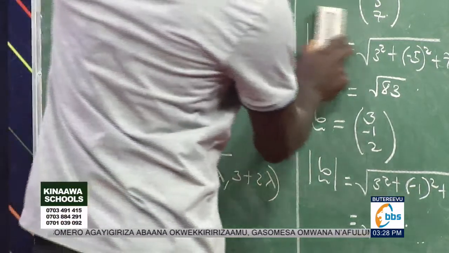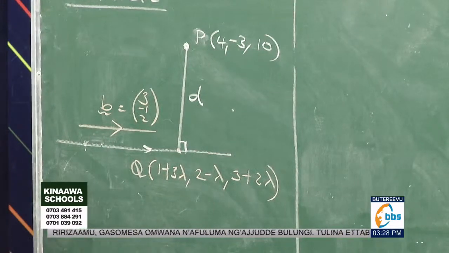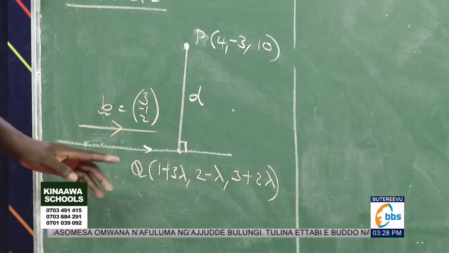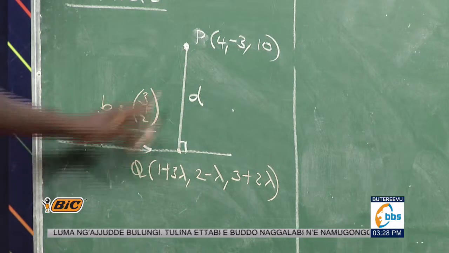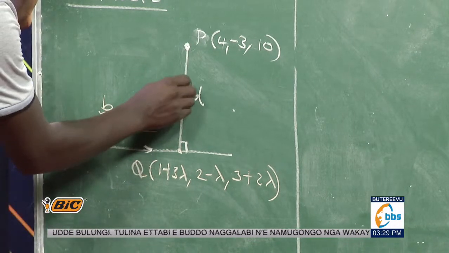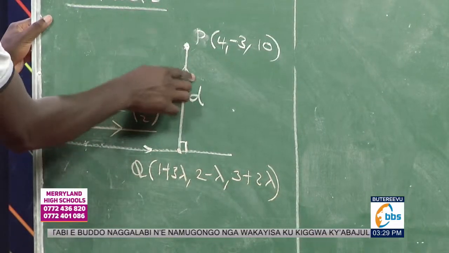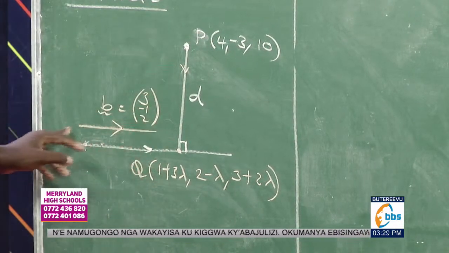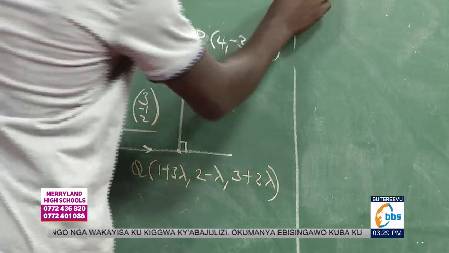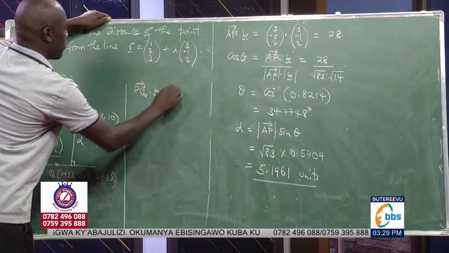And so, to find the value of lambda at that point, we are going to use PQ dot B equals 0. These two vectors are perpendicular. PQ, the vector PQ, or even if we use QP, PQ and B are perpendicular. So we shall say PQ dot B is equal to 0.